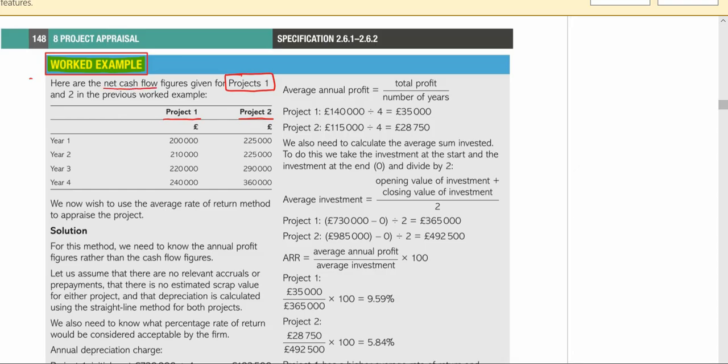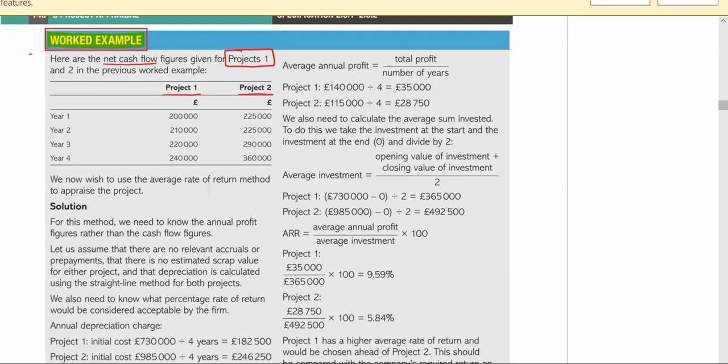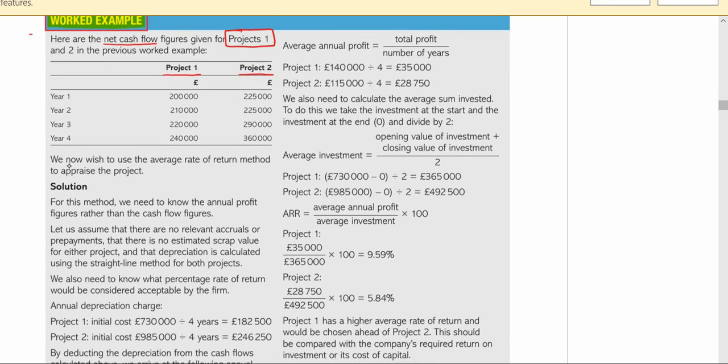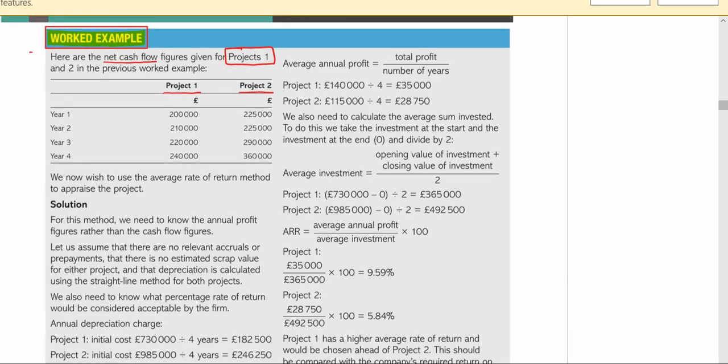Okay, so what to do? We now wish to use the average rate of return method to appraise the projects. As per the payback period, project 1 was worthwhile. Now as per the average rate of return, we will decide which project is better.